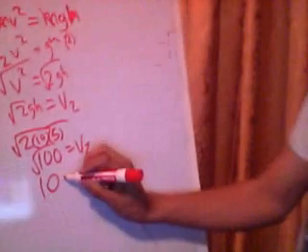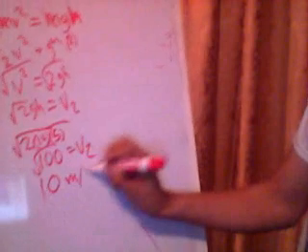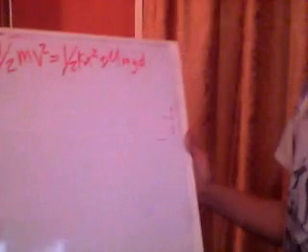And that turns out to be 10 meters per second. Now this is important because you need to plug it back into the original equation. So now that we have 10 meters per second, we can plug all the numbers into the equation.